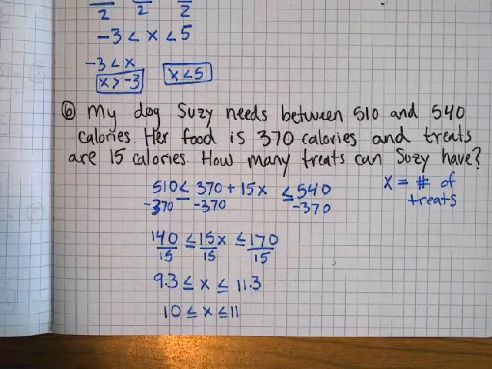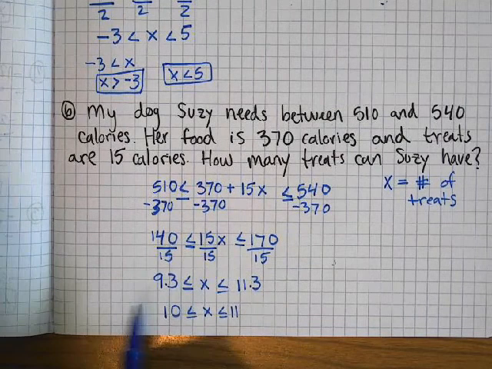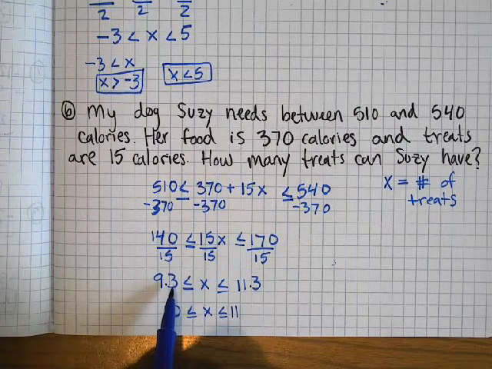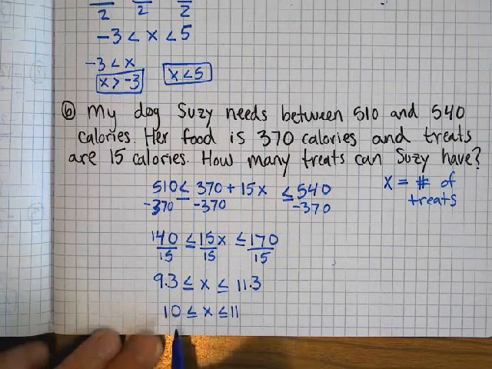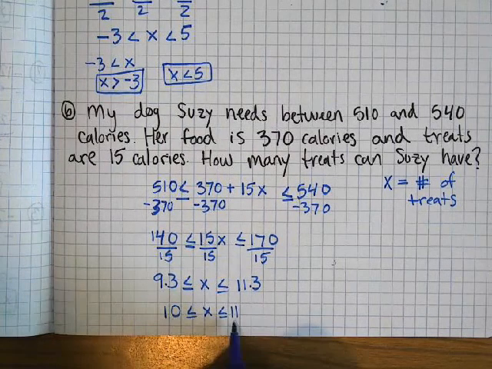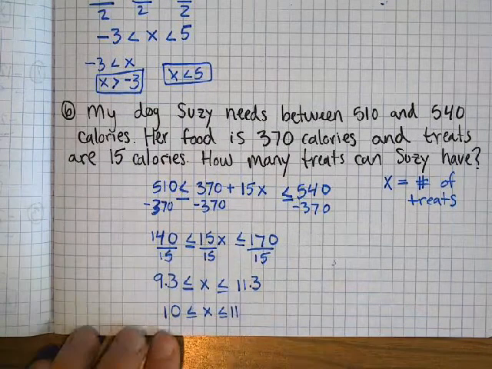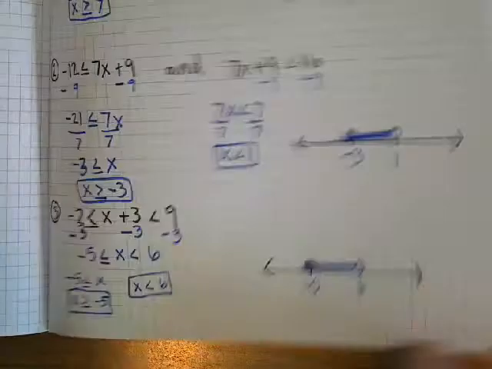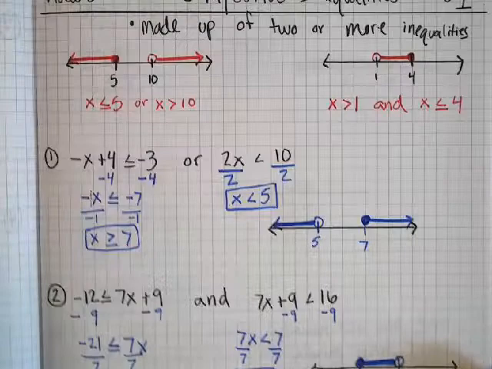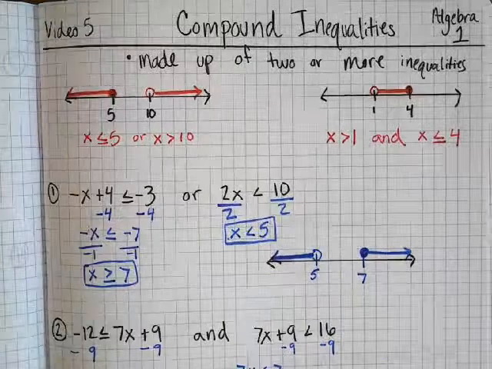So for this we're going to say she can have between 10 and 11 dog treats. If she had 9, that wouldn't quite be enough to get her to that 510. So we're going to say somewhere between 10 and 11. So that's the number of treats that Susie can have. All right, great work. This has been Compound Inequalities.